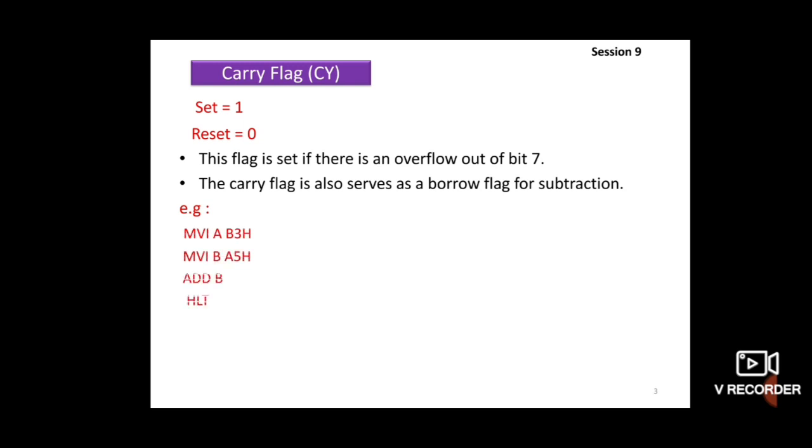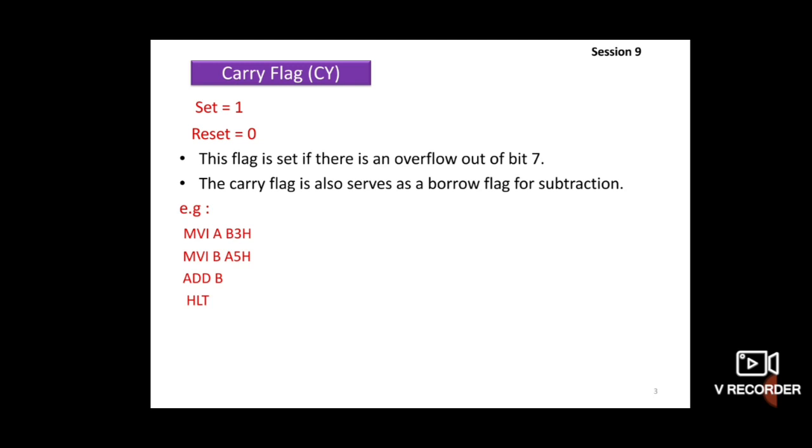See, these are the instructions. Students, these are MVI A B3H, then second one MVI B A5H, third is ADD B and HLT.